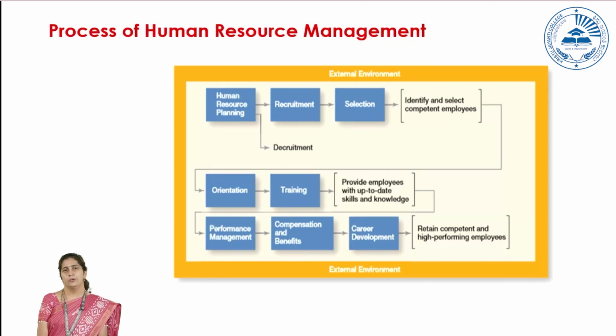When we are talking about recruitment, there are two types of recruitment that normally happen: internal recruitment and external recruitment. In internal recruitment, we recruit from our own employee sources.